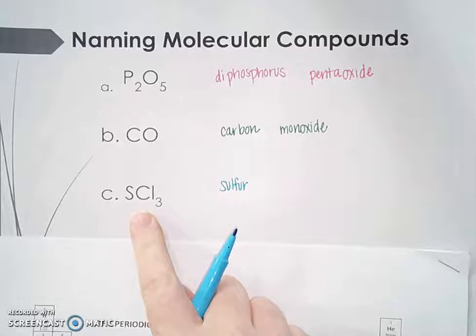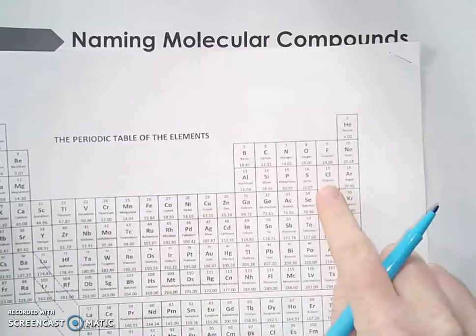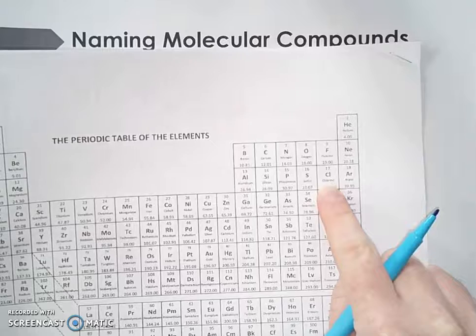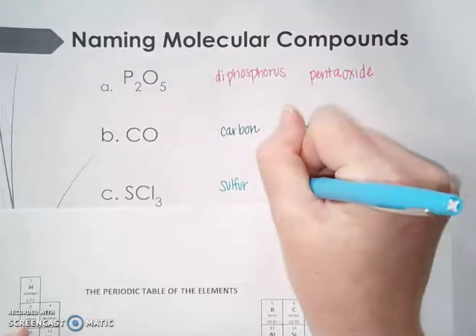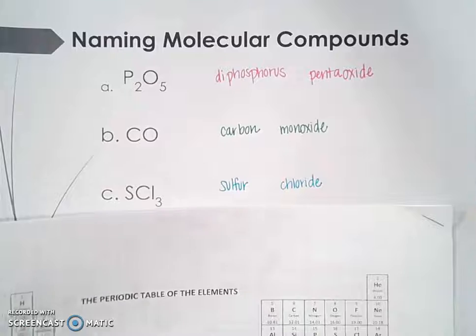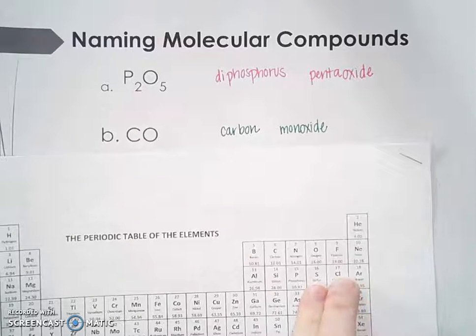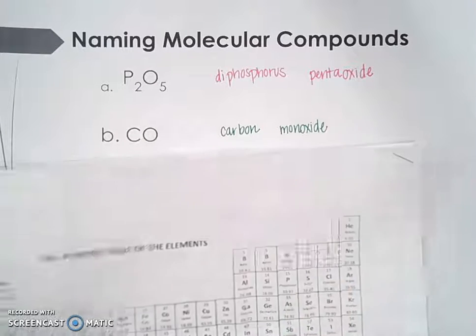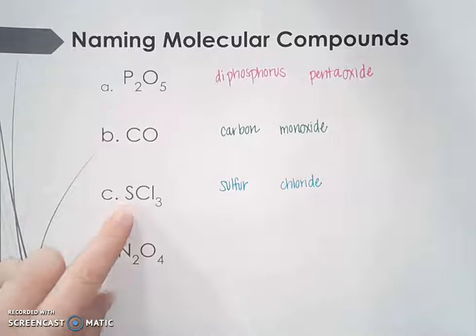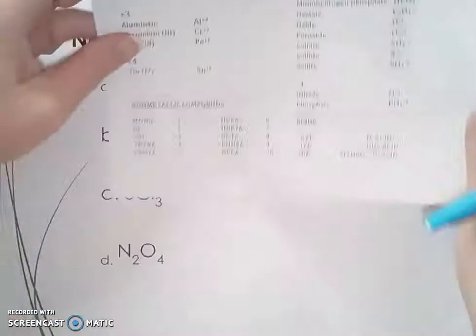And then Cl, I'm going to change the ending for that second element. So it's chlorine, but remember we're going to change the ending, so it's going to be chloride. And then because both of them were nonmetals, I need to use prefixes to indicate how many there are. So for the S, there's only 1 because there's no subscript afterwards.